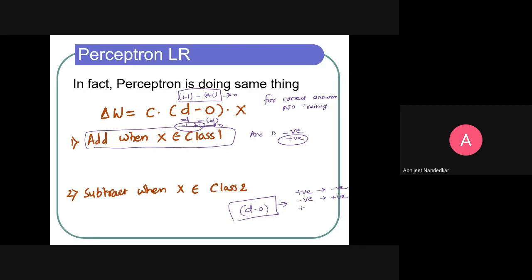And when you obtain correct answers, say positive to positive and negative to negative, so all these 4 conditions, here there won't be any change in weight, so no change. So if you want positive answer, you get negative, so you will add. When you get negative answer and you want positive answer, you will subtract. So all these things will happen with the help of this simple equation.